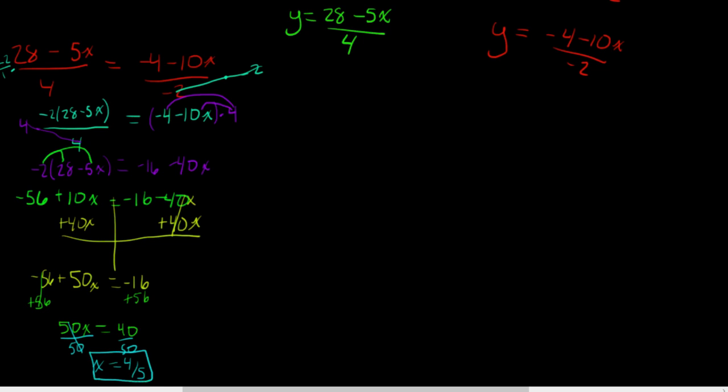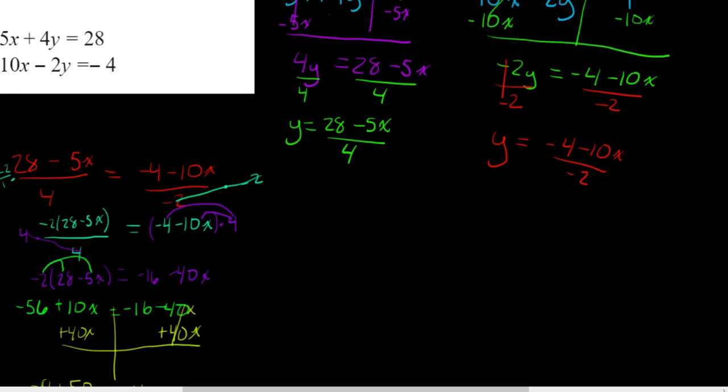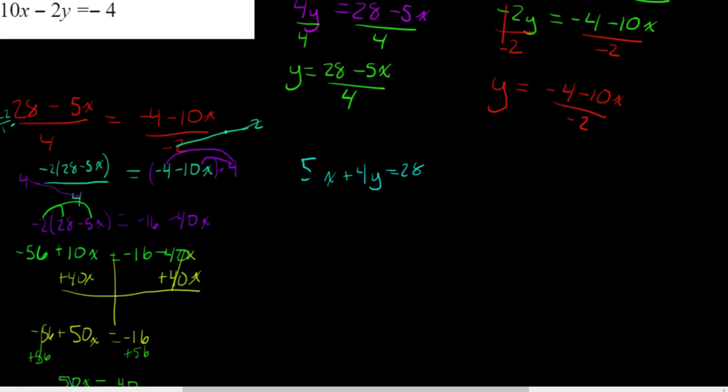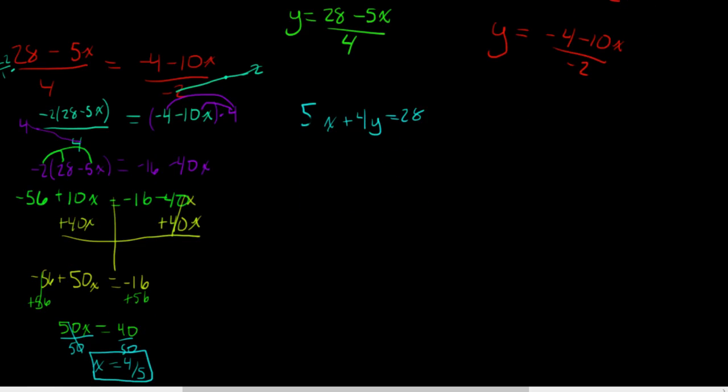Now I can take this and plug it into one of the original equations to solve for y. So one of my original equations was 5x plus 4y is equal to 28. And instead of this x, we're going to use what we found x to be earlier, which was 4/5.